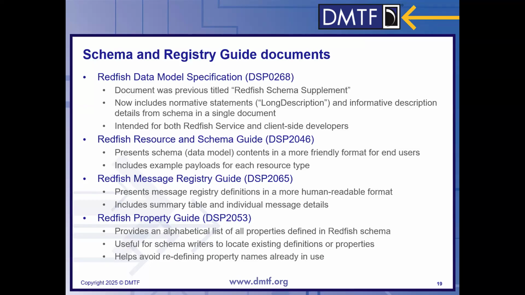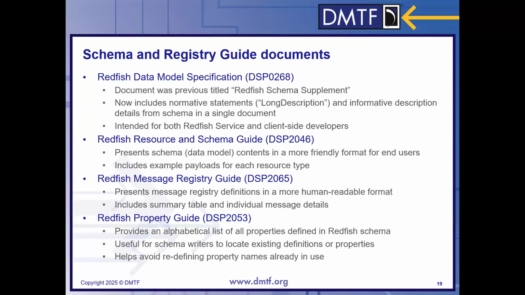Next, we've got our Redfish message registry guide, DSP 2065, which gives a nice human readable presentation of all of the message registry definitions, along with summary tables and details for each of the individual messages.